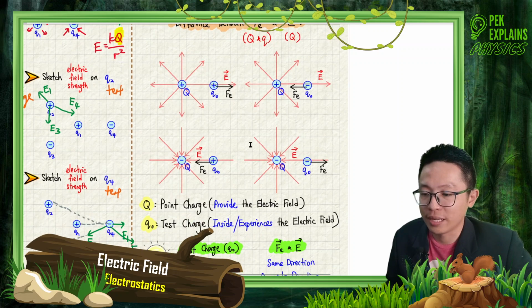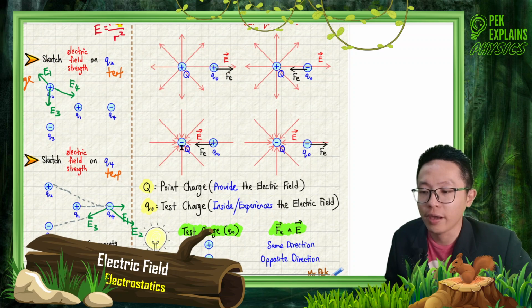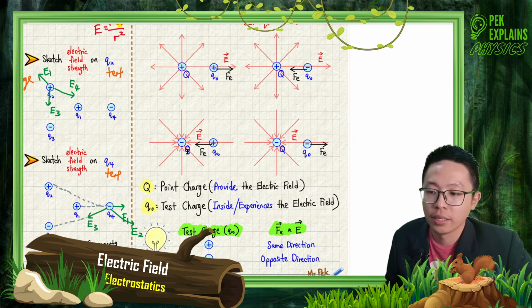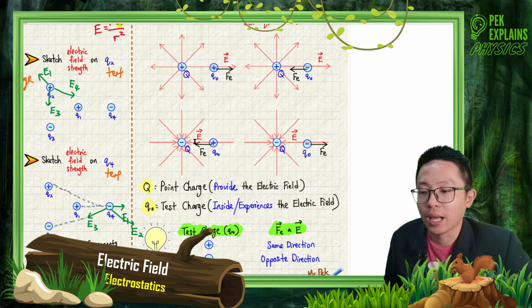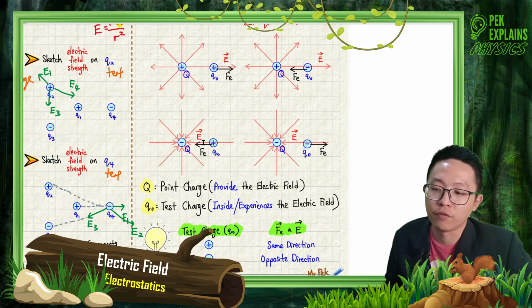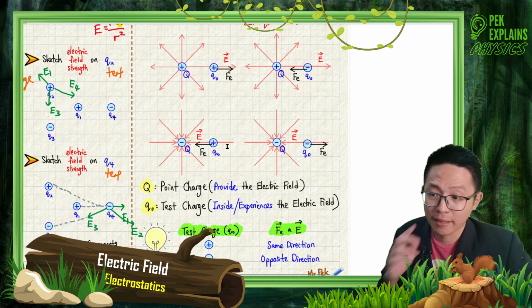Okay, so now look at this one. If you have a negative point charge and a positive test charge, what happens? For the force, we look at both charges. Because they have opposite signs, unlike charges attract. So the force is to the left. But the electric field is provided by the point charge.